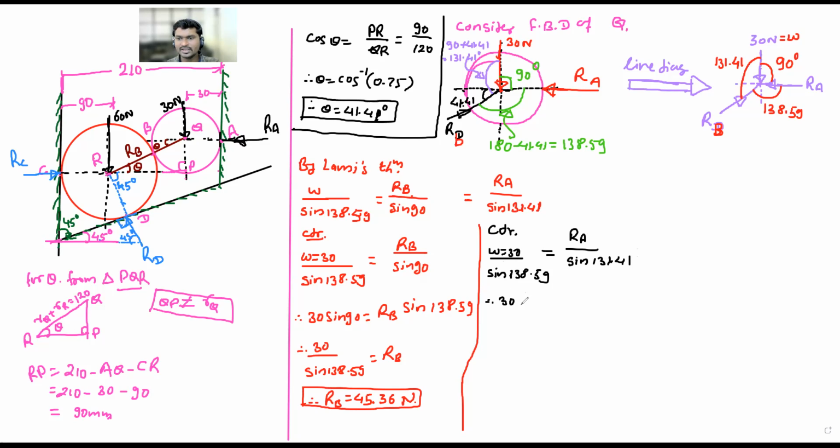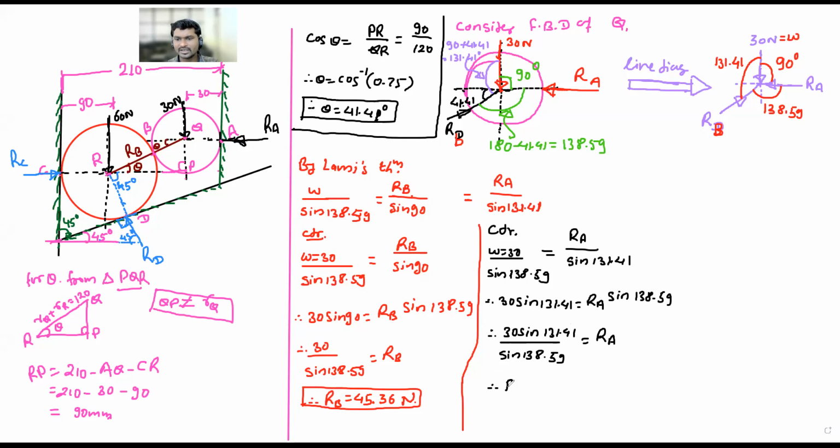Therefore 30 sine 131.41 equals reaction RA into sine of 138.59. Therefore 30 sine 131.41 divided by sine of 138.59 equals reaction RA.